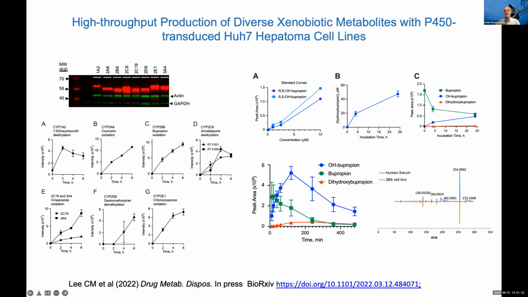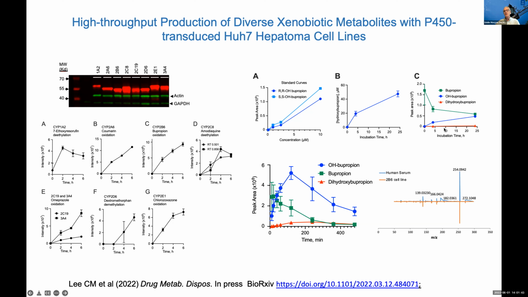We were also interested to detect another metabolite of bupropion called dihydrobupropion at very low levels, but nonetheless consistent in these cells, that we could not detect in the S9 incubations, presumably because of the low activity and lower expression of the enzyme.